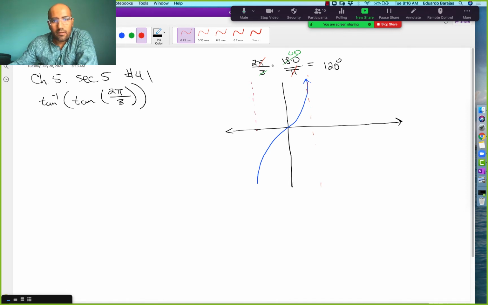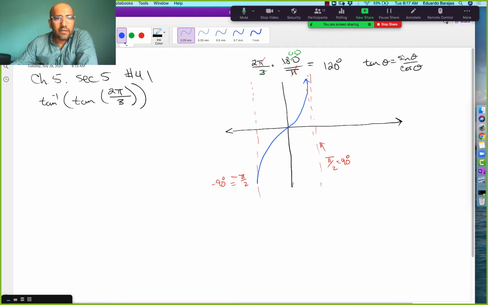The asymptotes are located at pi over 2, which is 90 degrees, and negative pi over 2, which is negative 90 degrees. That's because tangent of theta is sine of theta over cosine of theta, and wherever cosine is 0, it's undefined. Cosine of 90 degrees is 0, so it's undefined there.